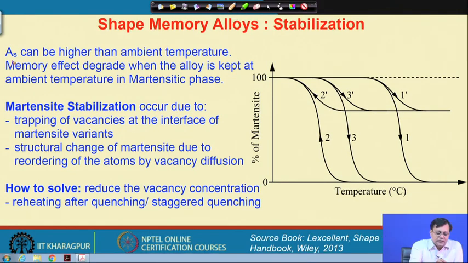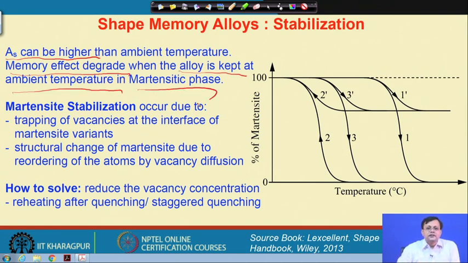So, usually the austenite start temperature can be higher than the ambient temperature. In such a case, the memory effect actually degrades when the alloy is kept at ambient temperature in the martensitic phase. What will happen? We all know that vacancies play a major role in the martensitic transformation.